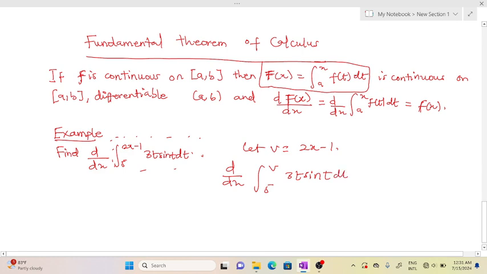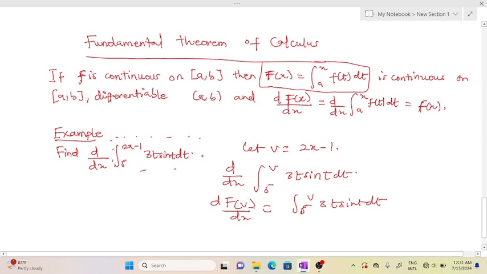So at this point, since I have brought v here, I can then make this capital F. So the capital F of v will be equal to what I have here, which is the integral from 5 to v of 3t sine t dt. So now I've been able to make this the subject here because I know that whatever is up here becomes the argument here.